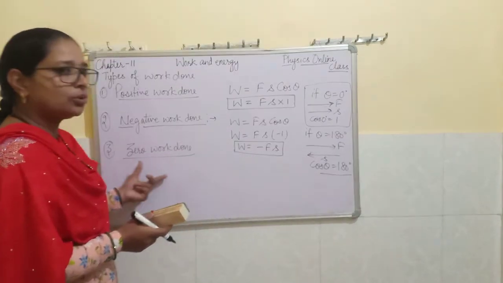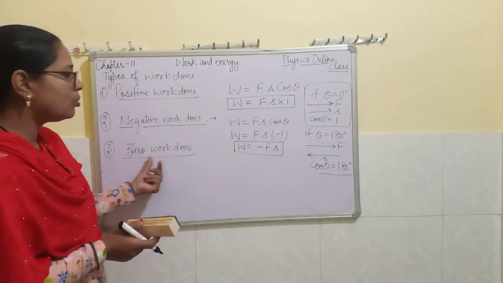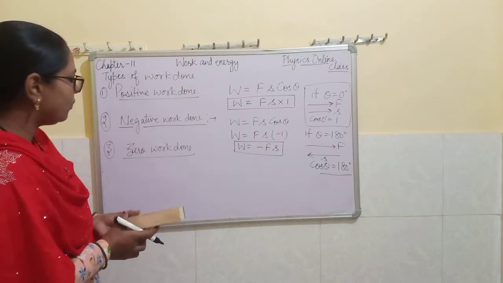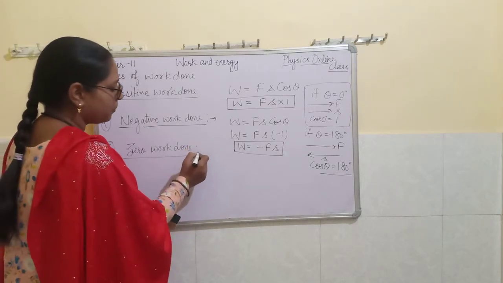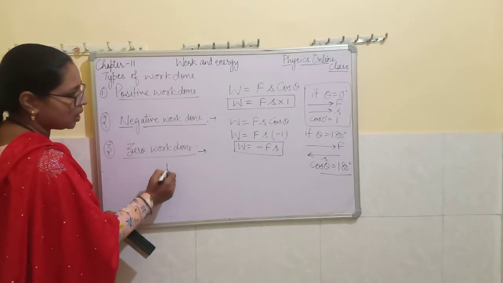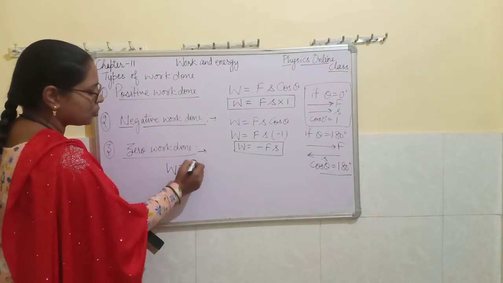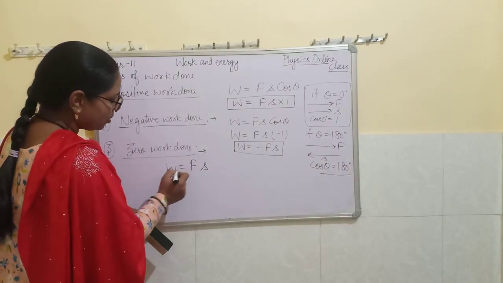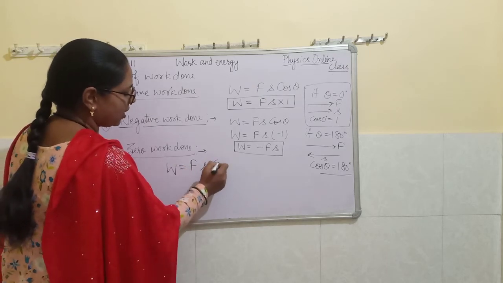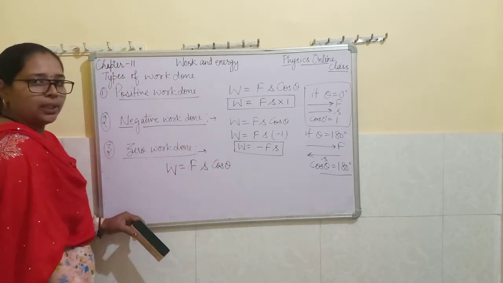Now come to the third type, that is zero work done. How will we define zero work done now? Again we will use the same relation: W is equal to F, S and cos of theta.